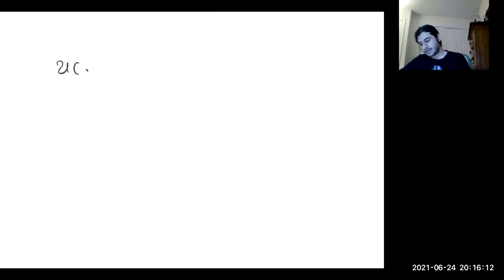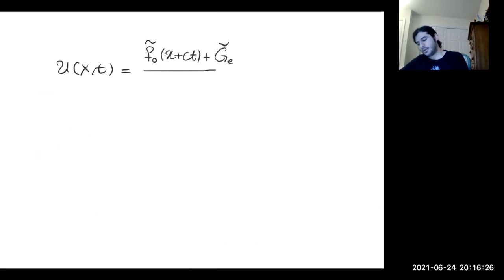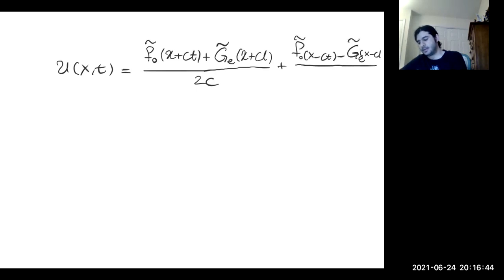So u(x,t) is equal to the odd extension of the given function f at x plus ct, plus the even extension of the integral of the given function g from x minus ct to x plus ct, over 2c, plus the odd extension of f at x minus ct, minus the even extension of g at x minus ct, over 2c. And that is the solution to the equation.